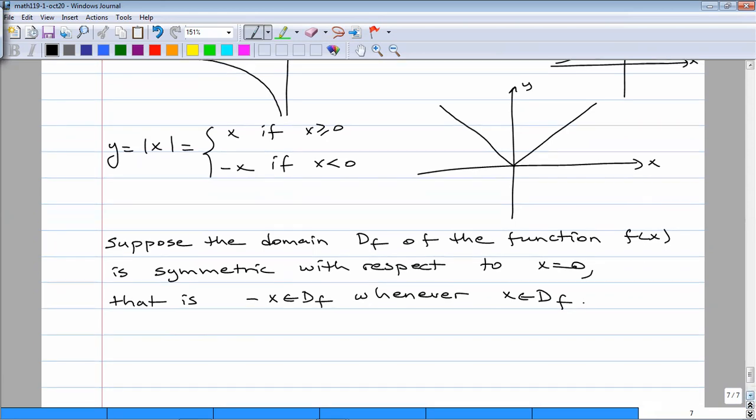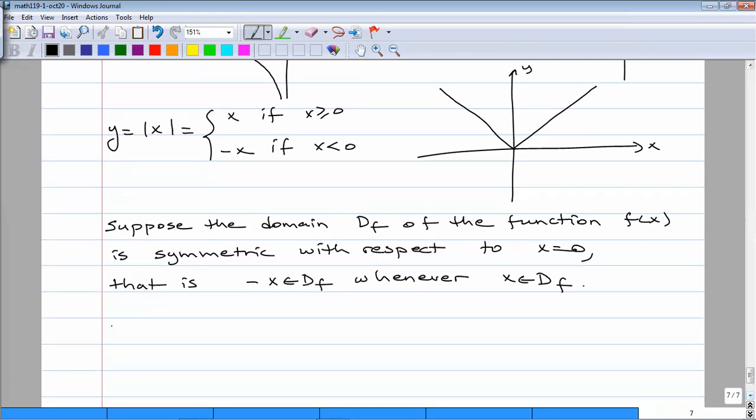Okay, so the function f is even if f of minus x is equal to f of x for all x in the domain.